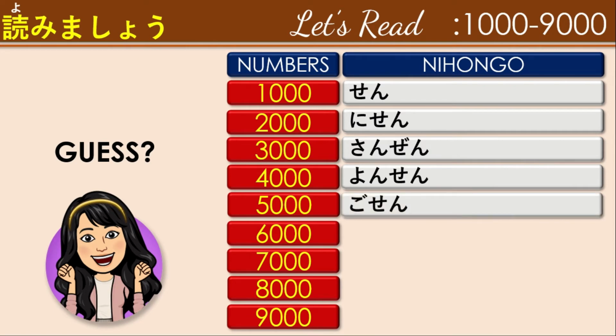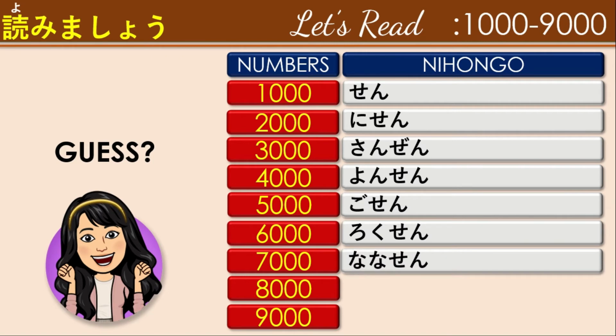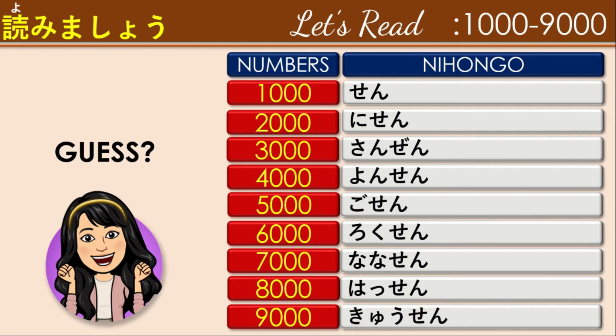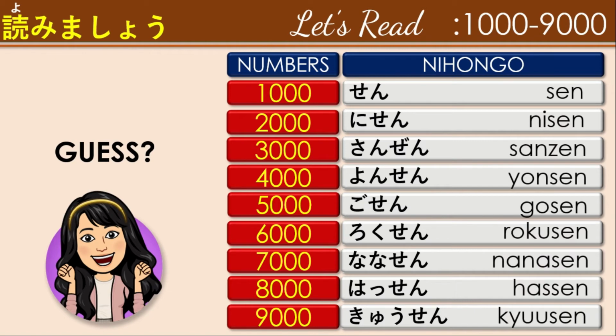And 5,000. 6,000. 7,000. 8,000. And for 9,000. I prepared here the Romaji as your guide.